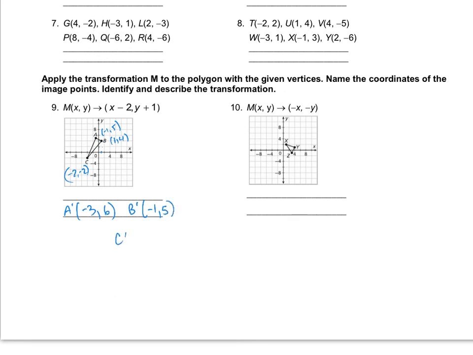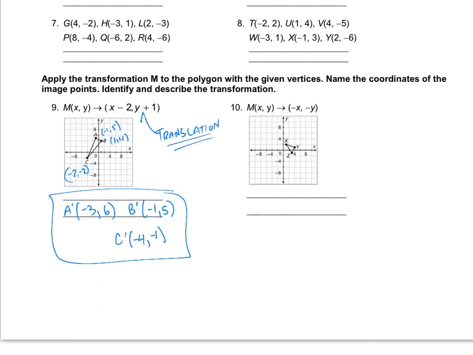And C prime would be negative 2 minus 2, which is negative 4, and negative 2 plus 1, which is negative 1. This is a congruence transformation because all we're doing is a translation. We are not multiplying the x and y's by anything, so it's going to preserve the congruence, and it will be an isometry. All right, so we'll just leave it at that because these other examples we can do in class, and you've done stuff like this before.